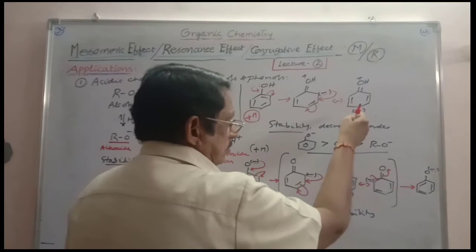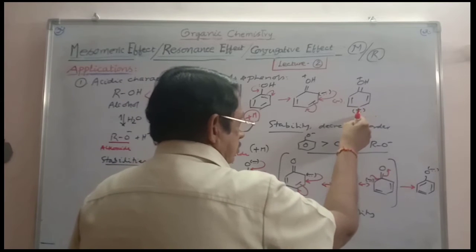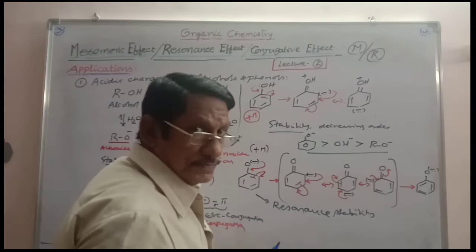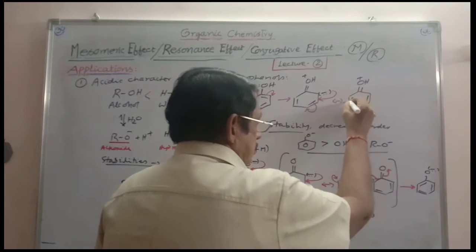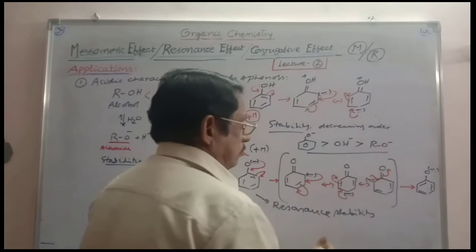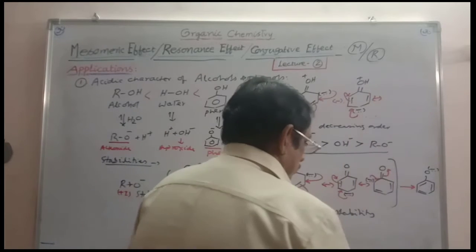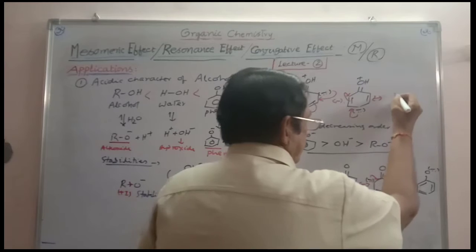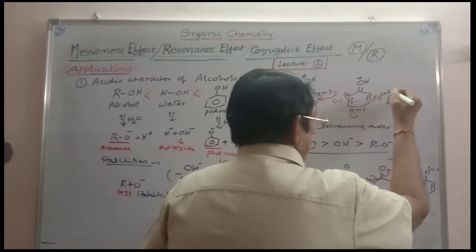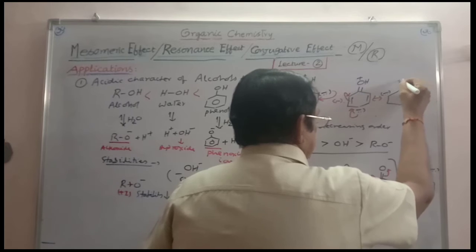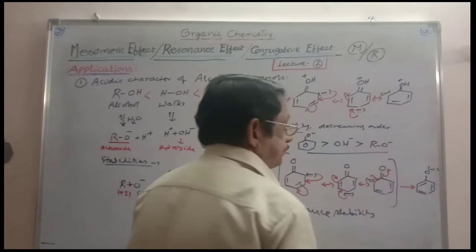Once again, we have charge, sigma and pi bond. Once again, plus mesomeric effect. The charge is pushed like this and this bond comes towards the ortho carbon. There will be one more resonance form you get here. So charge settlement here, double bond to OH plus like this.